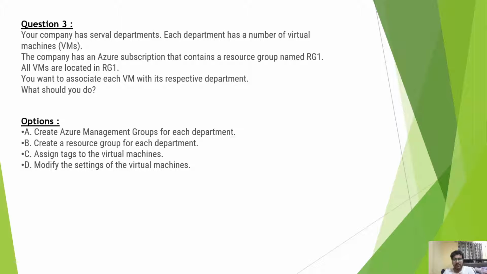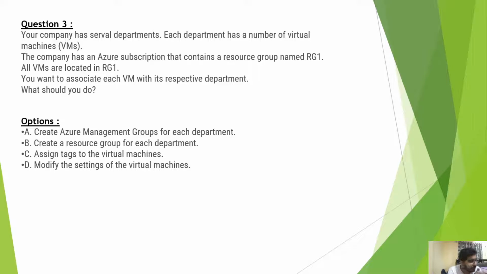But yes, if you knew all of this beforehand, then maybe you could follow a separate strategy. For example, departments could form management groups, just like it is mentioned in option A. So you create one management group for department A, one management group for department B. Another option could have been, within one management group, you create separate subscriptions for the departments.